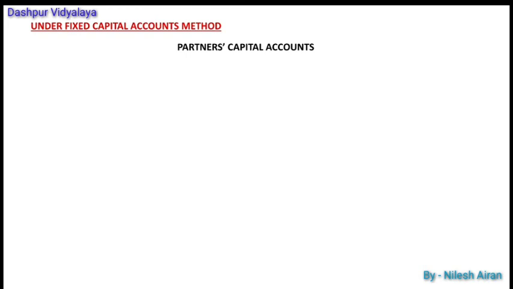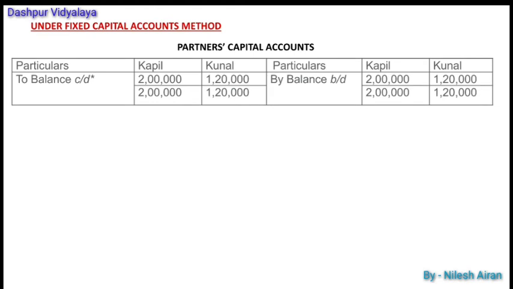Now we have to learn how to prepare the partner's capital account. Partner's capital account is prepared following two methods: when the capitals are fixed or when the capitals are fluctuating. When the capitals are fixed, two accounts are prepared. The first one is the partner's capital account and the other one is the partner's current account.